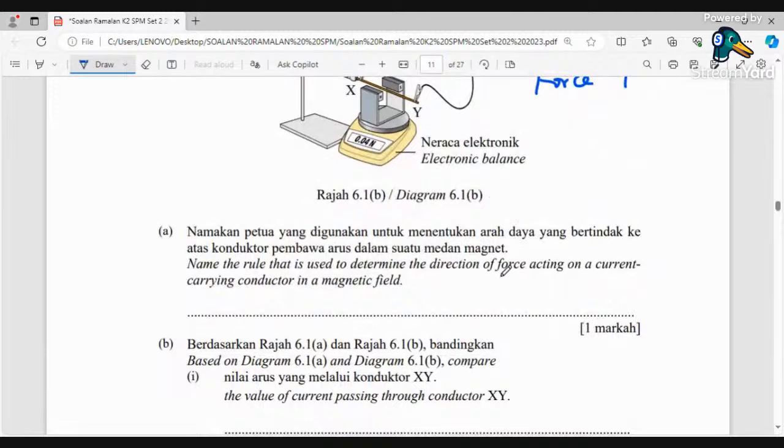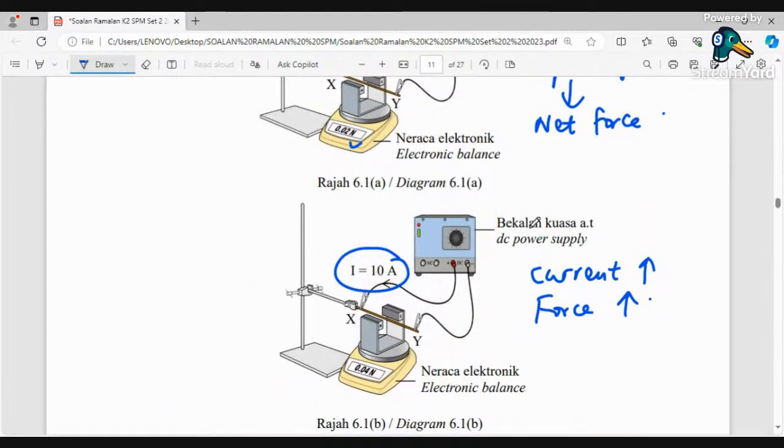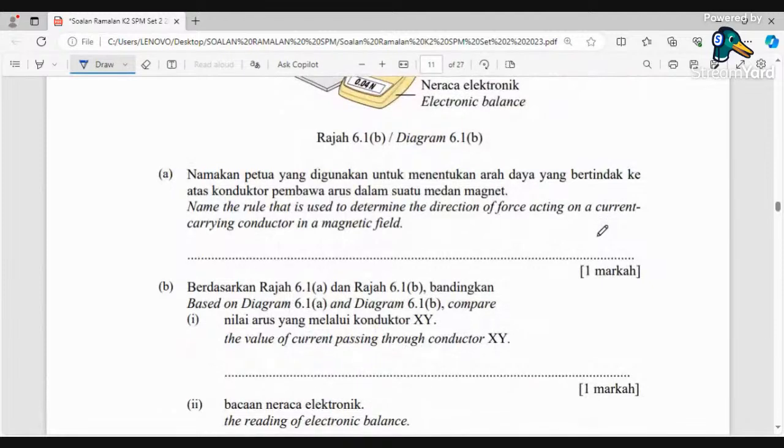Name the rule that is used to determine direction of force acting on the current carrying conductor in magnetic field. So this one is concept of motor. You can see there is a power supply. Okay, when there is power supply, you use Fleming left hand rule.